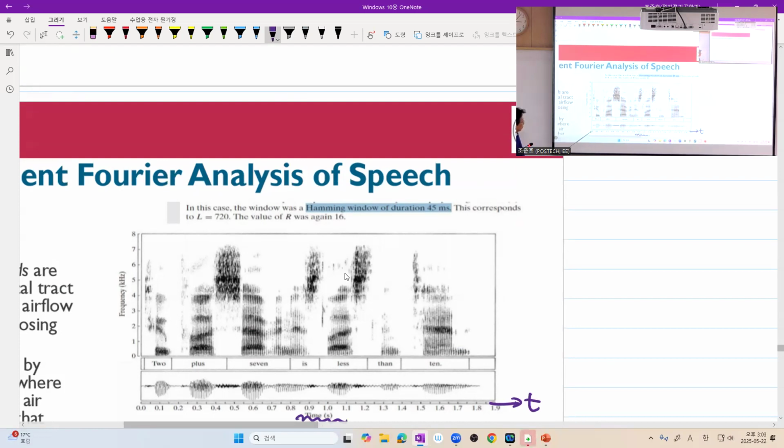So 0, 0.1, 2, 3, 4, and 1.0 and 2.0. So this is around a 2-second duration.